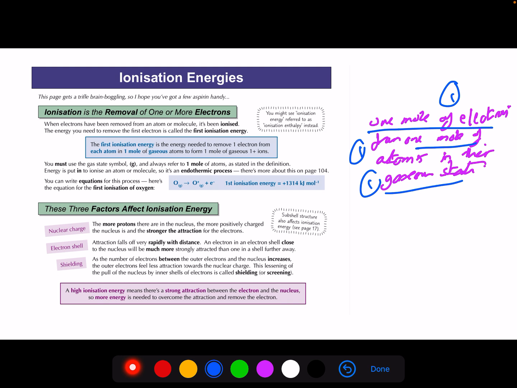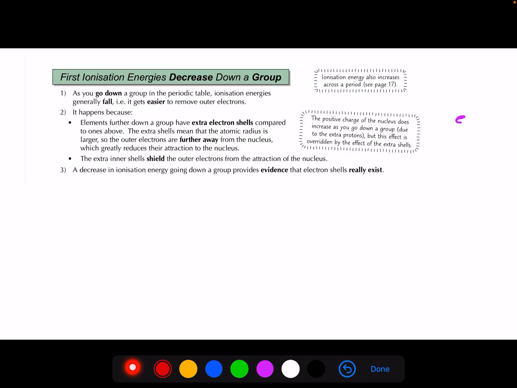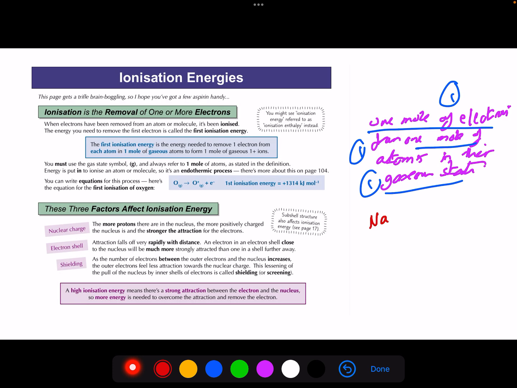Now, the second part I want to highlight today is they may ask you to write down the equation for first ionization energy. And it goes without saying, if I'm removing an electron, let's say from a sodium atom, then it has to be in its gaseous state, as we said.